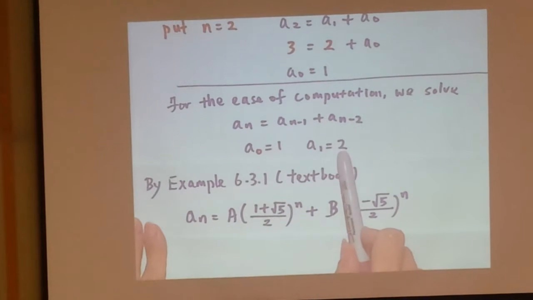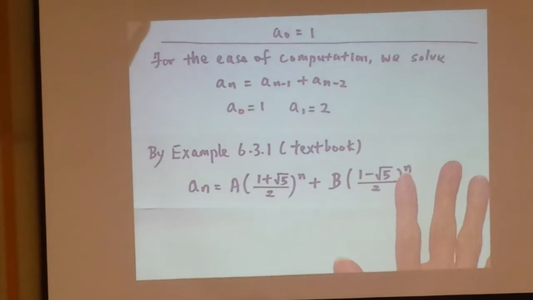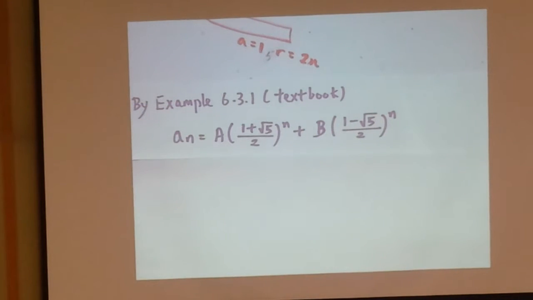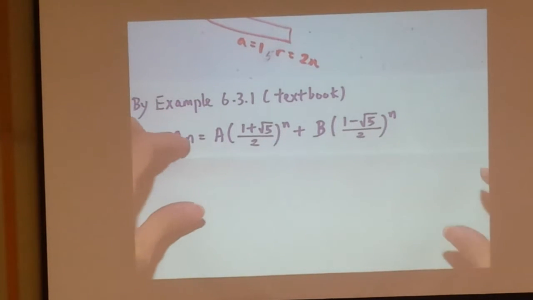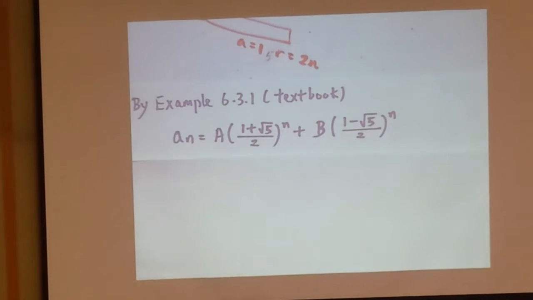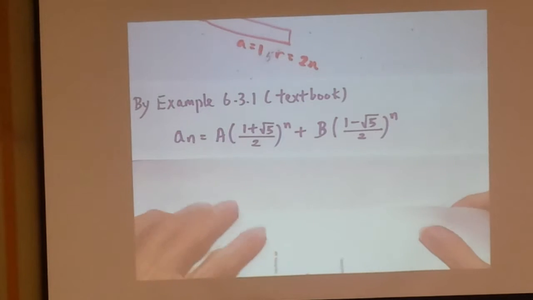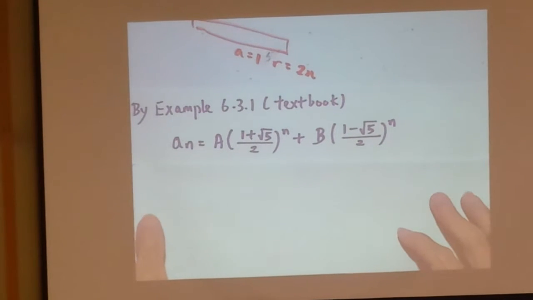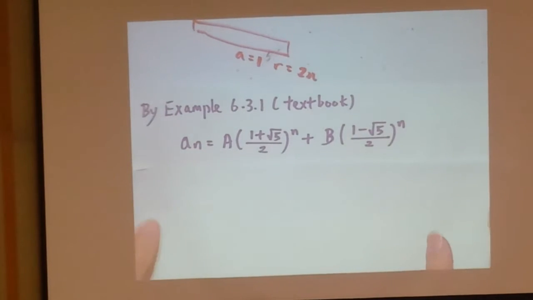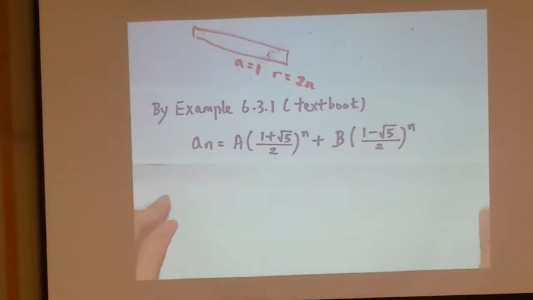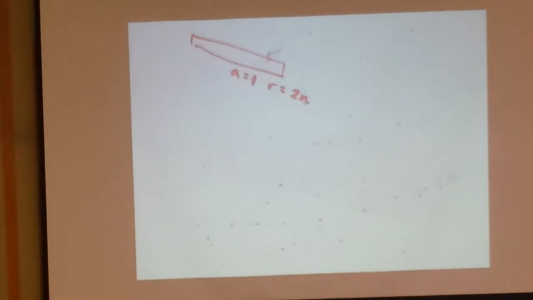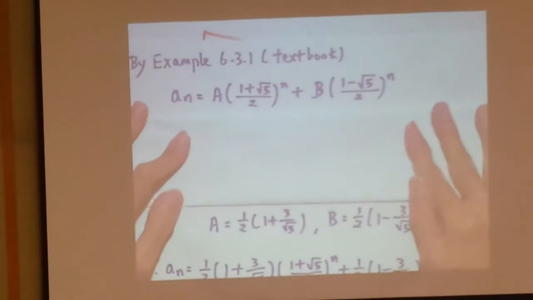Then you use these two conditions, A0 is 1, A1 is 2, to find A and B. So instead I give you the answer for A and B. After solving, you should get A is this, B is this.